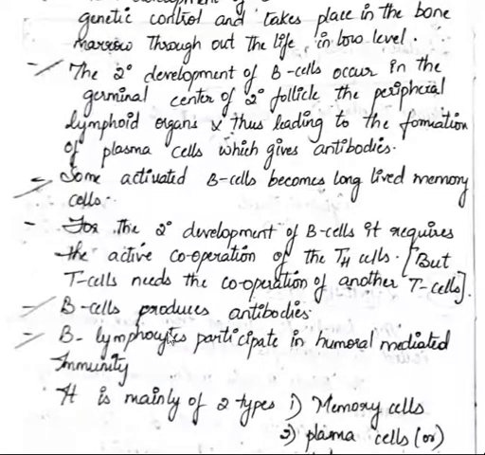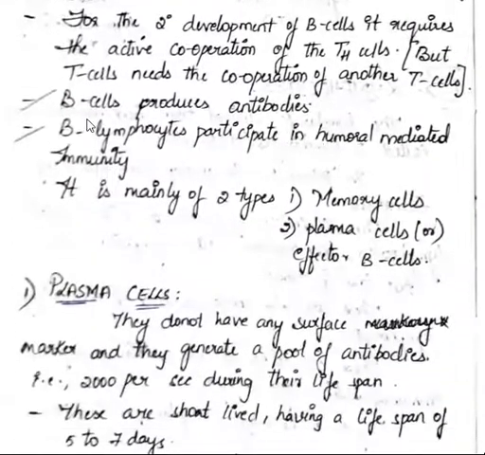B cells produce antibodies, that we know very well. These B cells or B lymphocytes participate in humoral mediated immunity, whereas the T cells or T lymphocytes participate in cell mediated immunity.